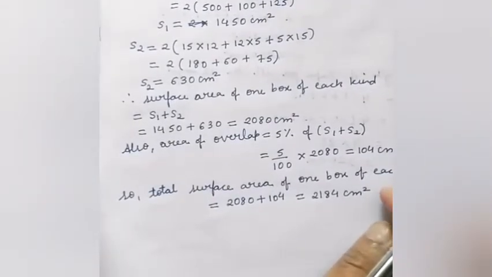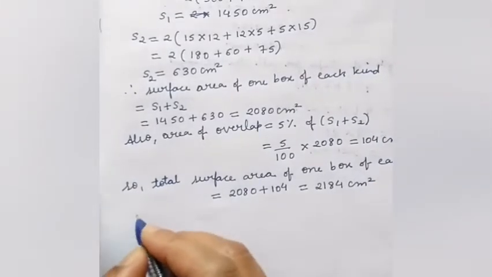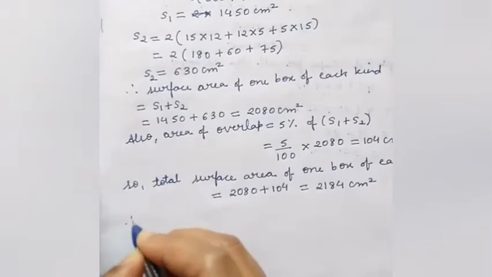So for each box of different kind, we are getting surface area equal to 2184. So now, therefore, surface area of 250 boxes, because they have told total it is 250 boxes which we have to find.